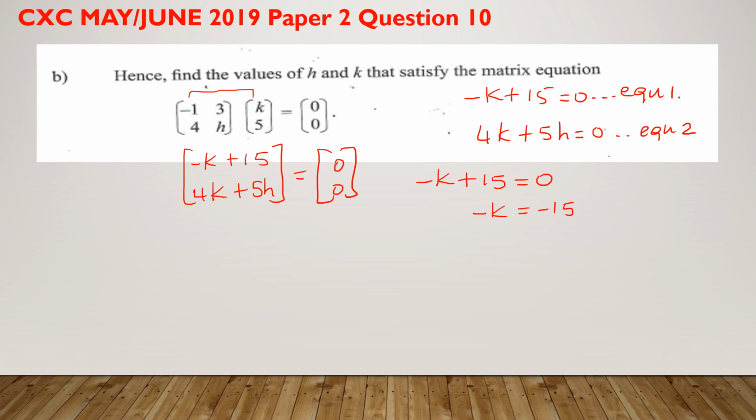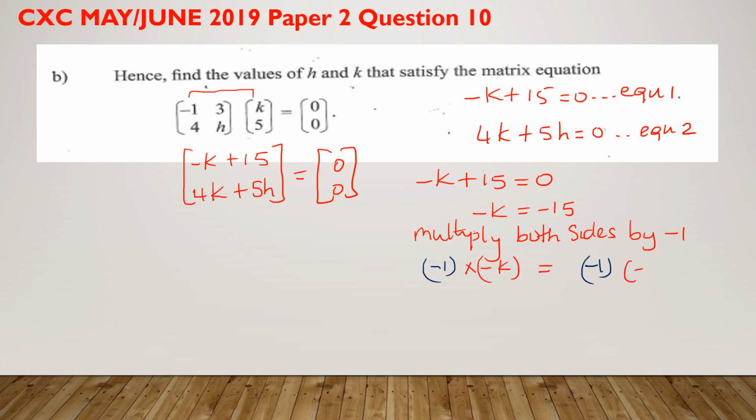We need to get rid of that -K, so we're going to multiply both sides of the equation by a -1. -1 multiplied by -K equals, we're going to multiply that by -15. Two negatives, you multiply a negative by a negative, you're going to get a positive. So that will be a positive K equals to 15.